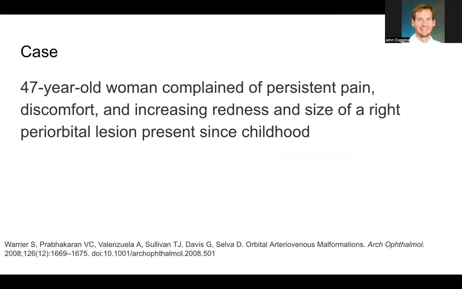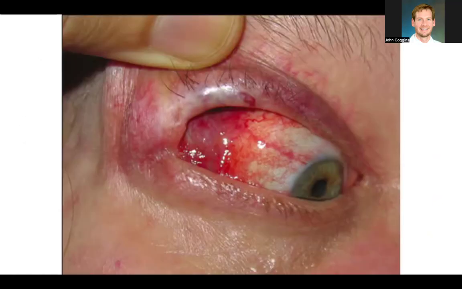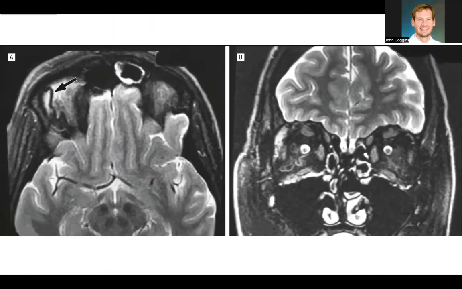This is a case I thought was interesting to run through. A 47-year-old woman complained of persistent pain, discomfort, increasing redness and size of a right periorbital lesion present since childhood. You can see the imaging here. And then this is an MRI of the same patient.